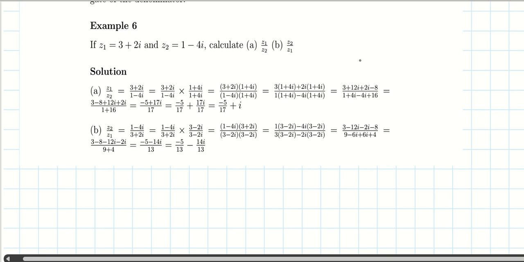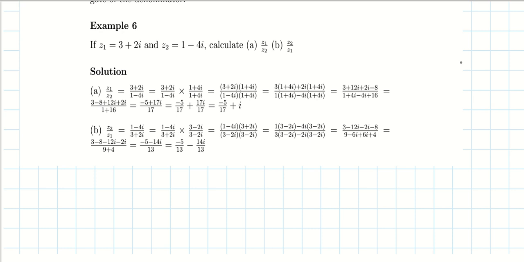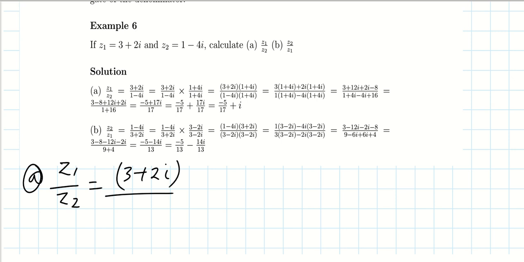The solution is appearing here already, but then we have that for A, z1 by z2 is the same thing as 3 plus 2i divided by 1 minus 4i, which is the same thing as 3 plus 2i. The conjugate of the denominator is 1 plus 4i.